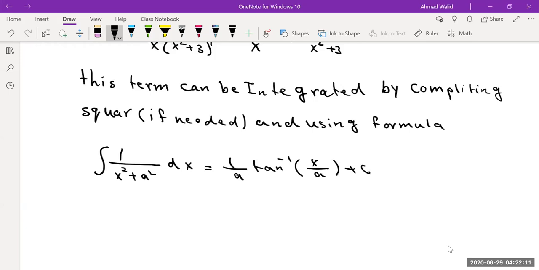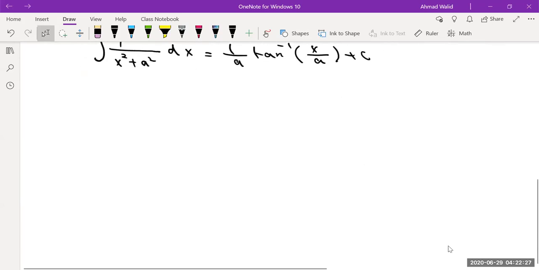You will end up with a fraction like this. And whenever you end up with such a fraction, you replace it with 1 over a inverse tan of x over a plus c. Now, I'll do a numeric example.